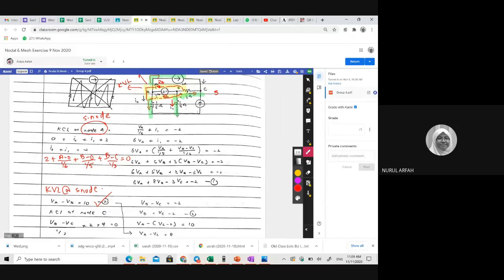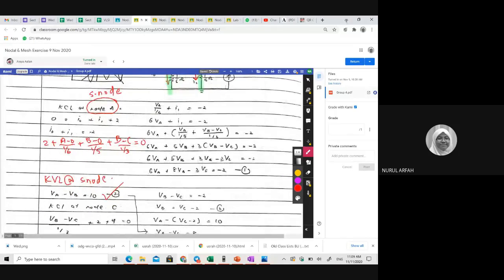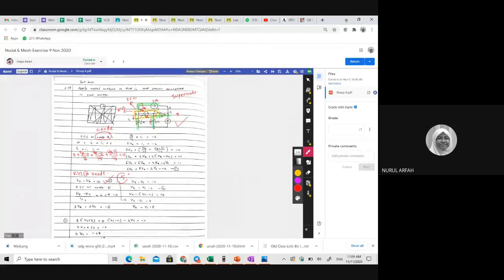But try your best to maintain the unknown you write down. If you put it as a VA, then VA. If you put it maybe as B or C, then you maintain it as B or C. So this is correct. This is 1.5. And then this one is a 1 because there's no boundary there.